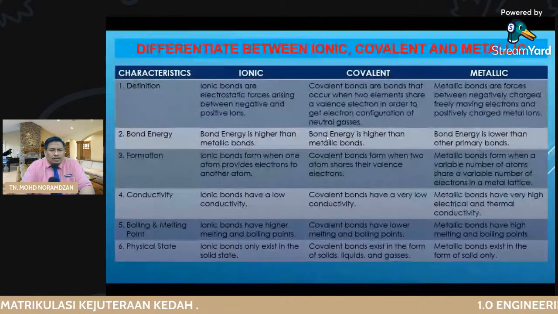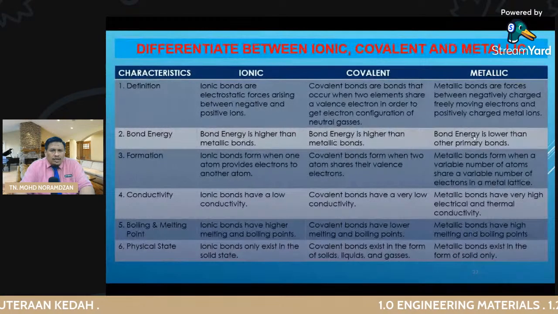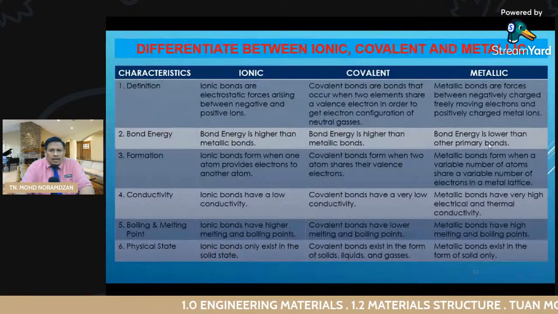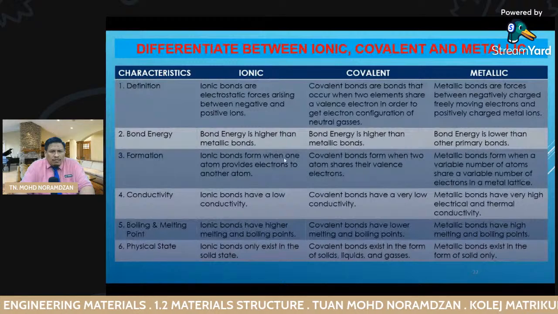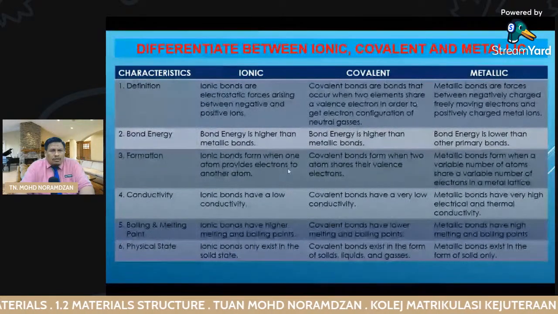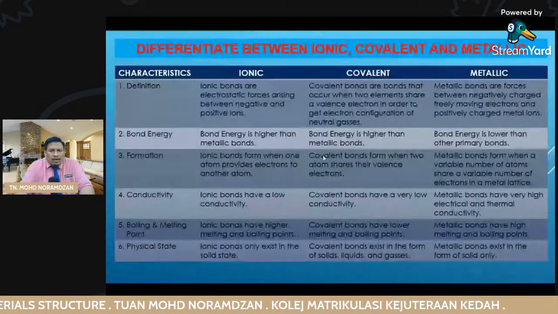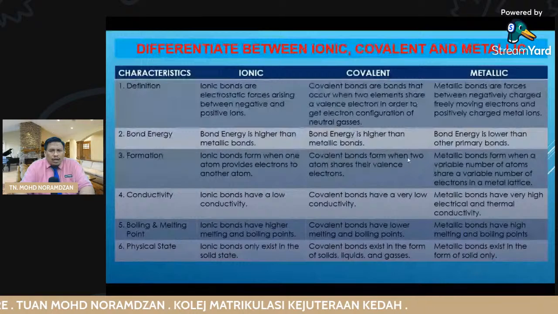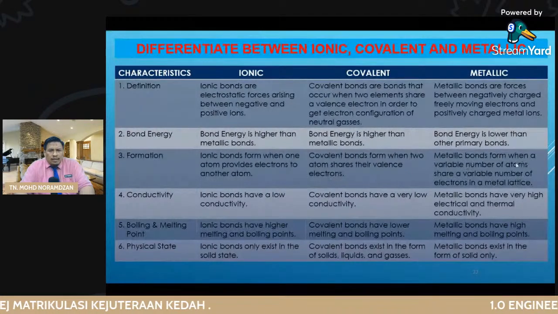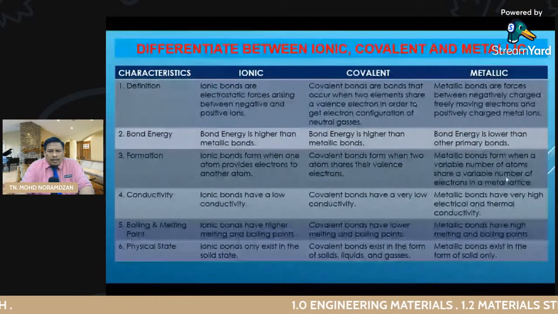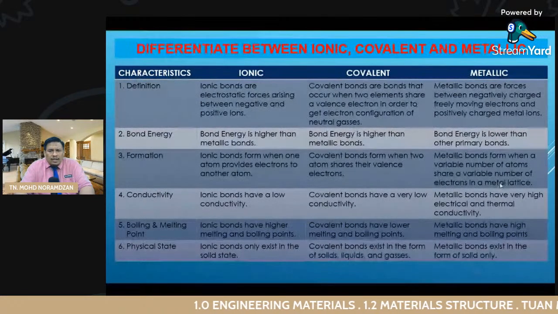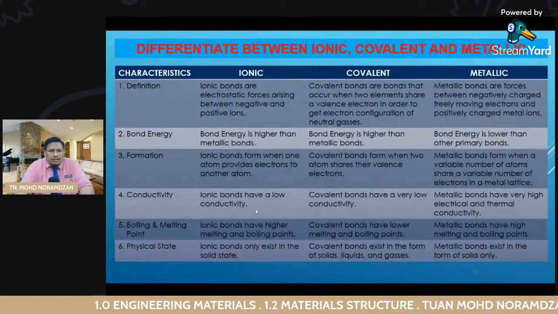Covalent bond energy is lower than other primary bonds. Formation: ionic bonds form when an atom transfers electrons to another atom. Covalent bonds form when two atoms share their valence electrons. Metallic bonds form when a variable number of atoms share a variable number of electrons in a metal lattice.